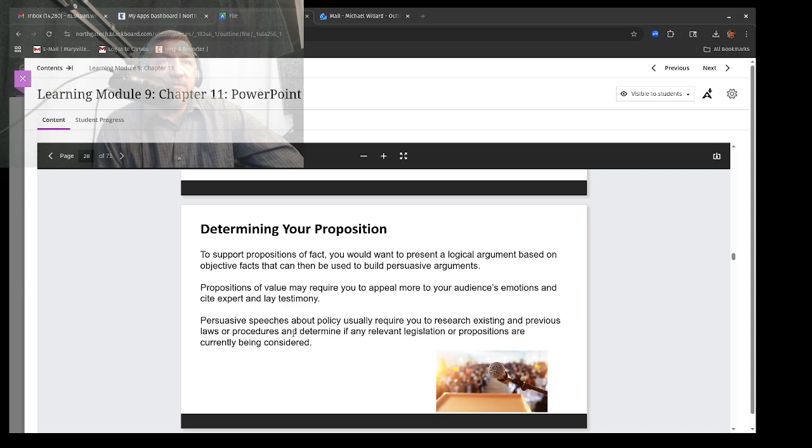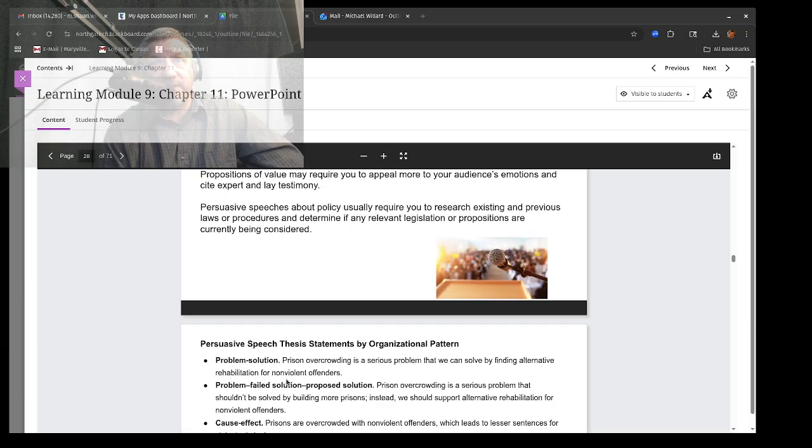You're going to have to really rely on experts. Persuasive speeches about policy can usually require you to research existing and previous laws or procedures, right? And determine if any relevant legislation or propositions are currently being considered or should be considered.